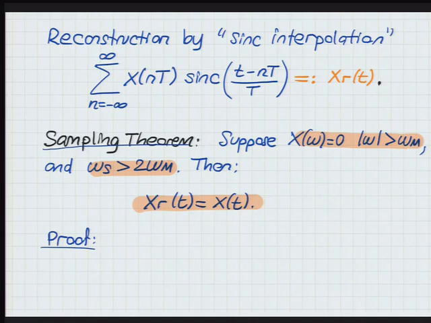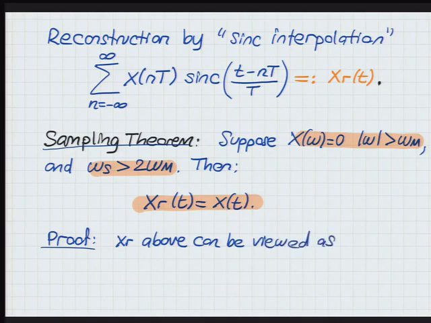So the reconstruction that I suggested at the top, x_r above, can be viewed as the response of an LTI system. Okay, and I'll tell you what the LTI system is, and I'll tell you what the input is.